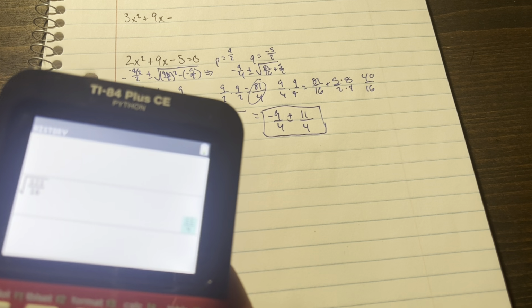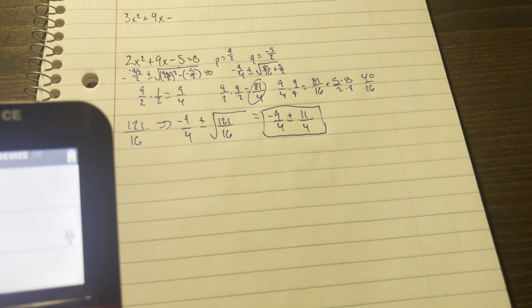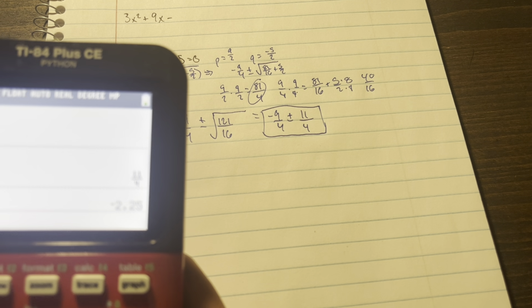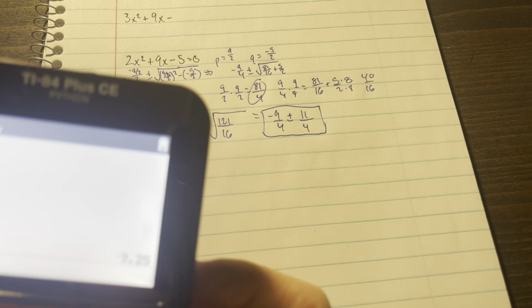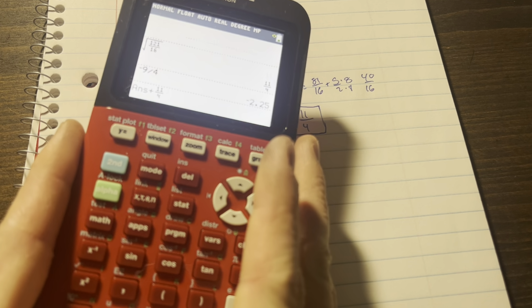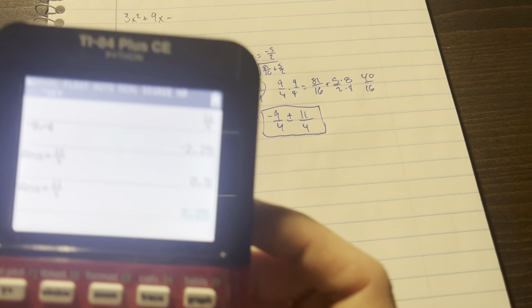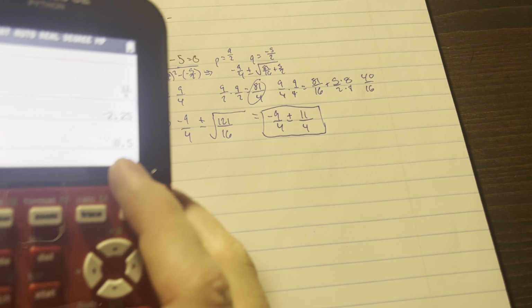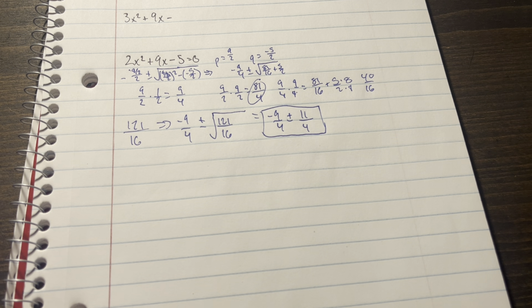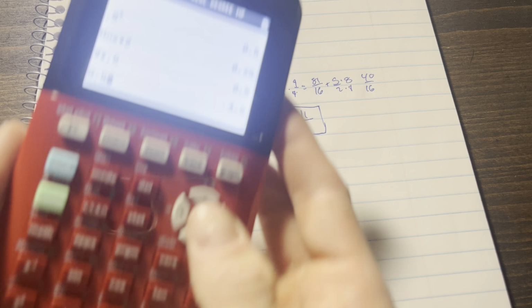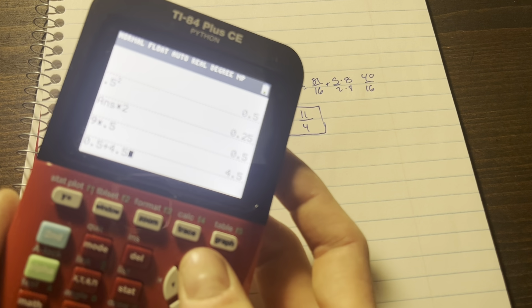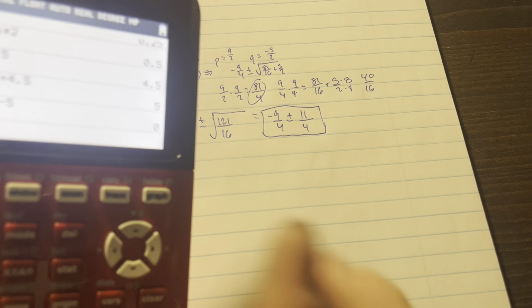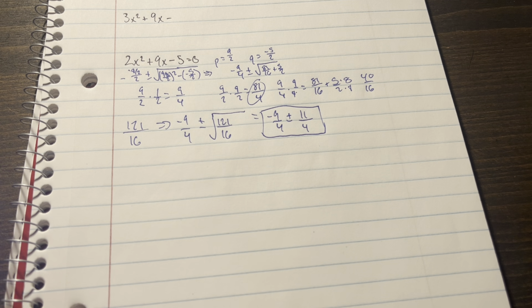Plug this into negative 9 divided by 4 plus 11 divided by 4, which is 0.5. We'll plug that into the calculator, and we'll see. So 0.5 squared times 2, 9 times 0.5. Now this plus 4.5, and that minus 5 equals 0, which is correct.